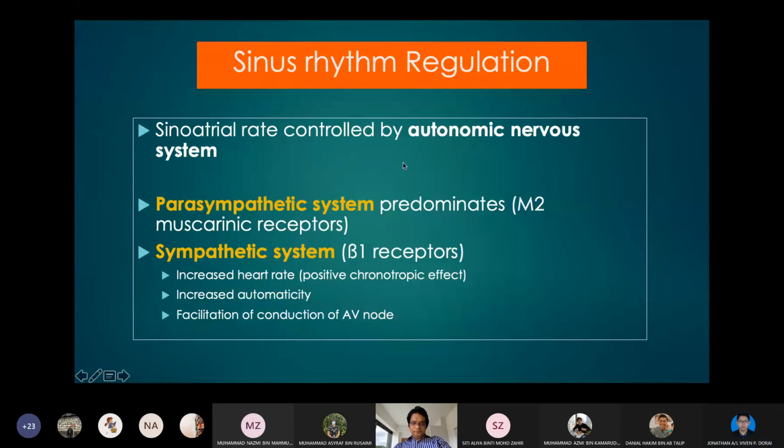Now, we know the autonomic nervous system, the parasympathetic system, mostly the M2 receptor, is responsible for bradycardia. On the other hand, if you want to improve cardiac function, that should be the beta 1 receptor. Why is it so important? Because somebody jumps from level 10 or level 15.